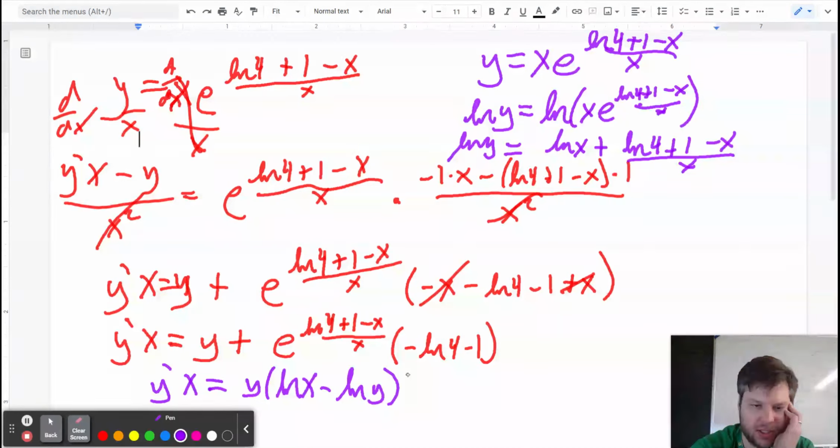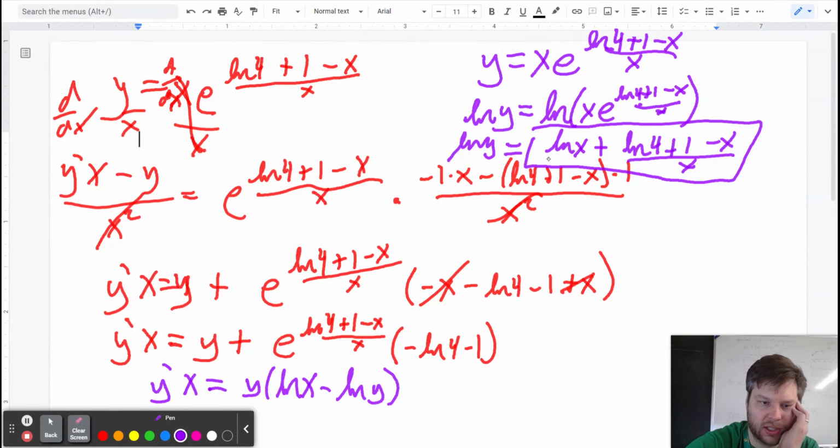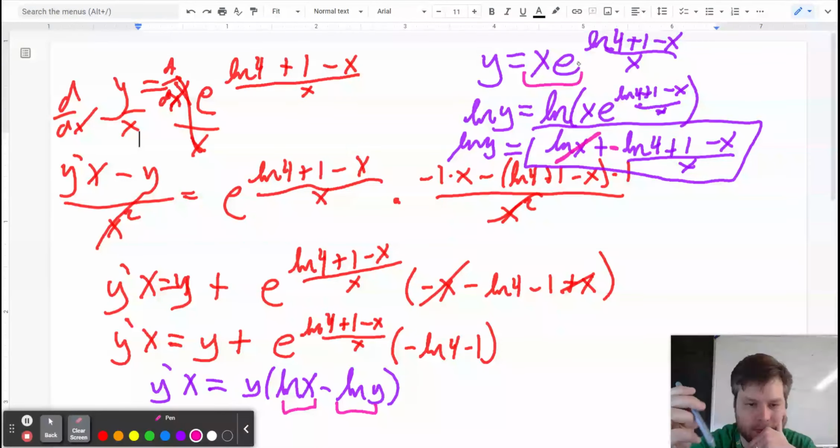But if I knew I needed to turn it into the purple, I could see how, taking this expression here and saying take natural log of x minus that, because if I do natural log of x minus natural log of y, that's going to get rid of that natural log there. It's going to put a negative on all of this, and then I'm going to multiply it by this here. I can see how we might be able to get back there.